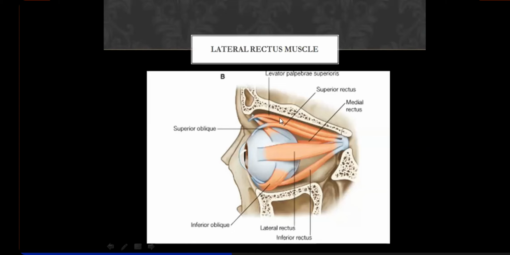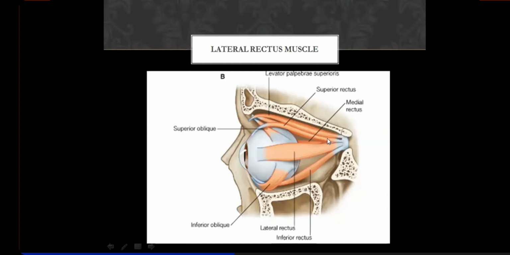Then LPS will be attached on the anterior surface of the tarsal plate, as well as few of its fibers will merge with the palpebral portion of orbicularis oculi. Okay. But it will have an additional smooth muscle component called Muller's muscle, which will insert onto the upper border of tarsal plate. Okay, so that is LPS.